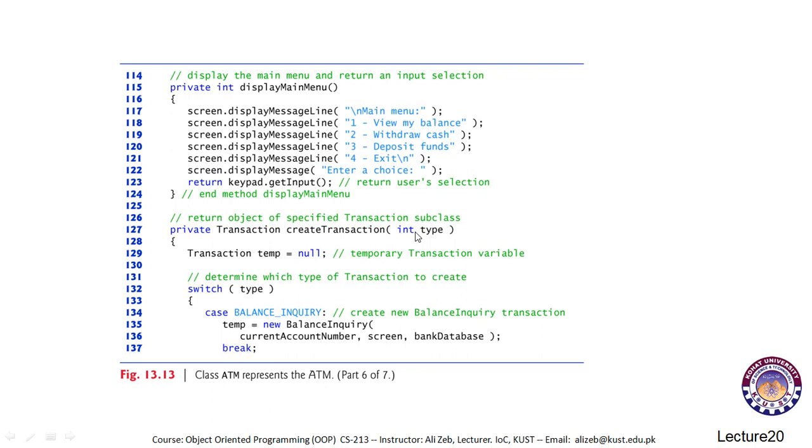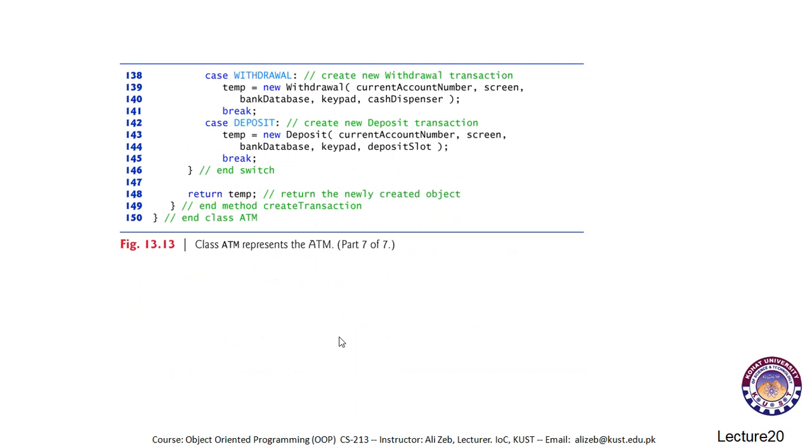The choice is received here, and in case the user has chosen balance inquiry, our temporary transaction variable is initialized as an object of the balance inquiry type by sending the details that the balance inquiry constructor will require.